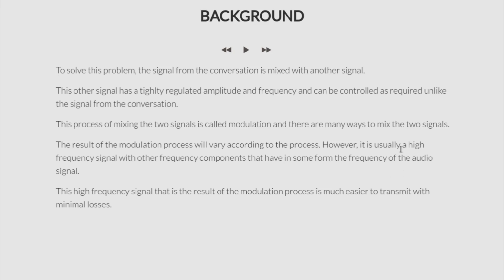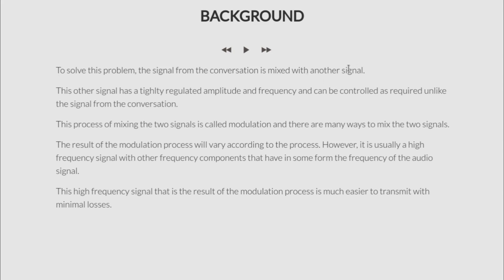By mixing our audio signal with this other high frequency signal, you are producing another high frequency signal. And this other high frequency signal has hidden in it somewhere, don't worry how, the audio signal in some form, right? Because we now have a high frequency signal as a result of this modulation process, we can control the amplitude and the frequency.